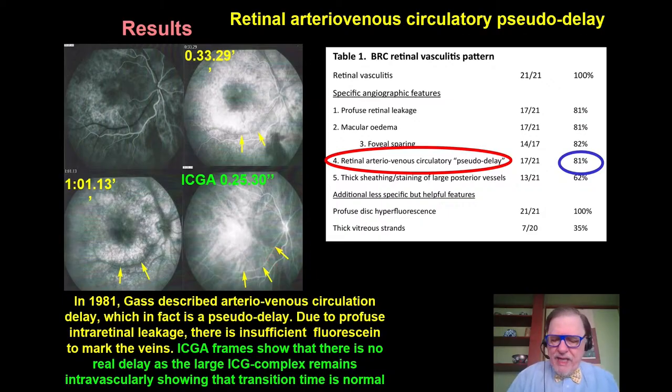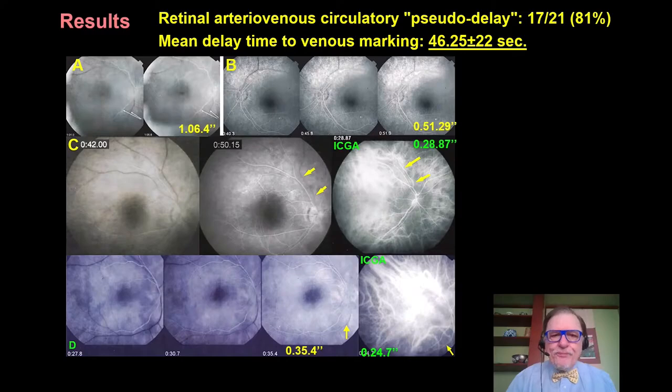So pseudo delay is a very characteristic finding in birdshot. Here a few other examples of pseudo delay, which we found in 81% of our patients, and the mean pseudo delay in these patients was 46 seconds.